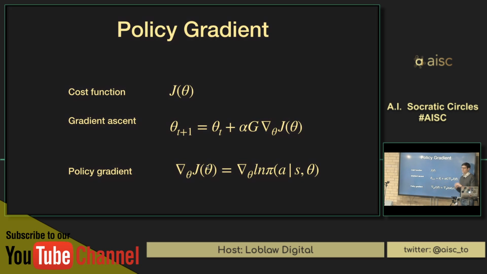Think of it like when you do classification or root mean square error, your error would be how close or how far away you are, and then you backpropagate it. So this is alpha times g. Alpha is the step size, and g is your direct error. And this is the logarithm, the log probabilities of your policy.